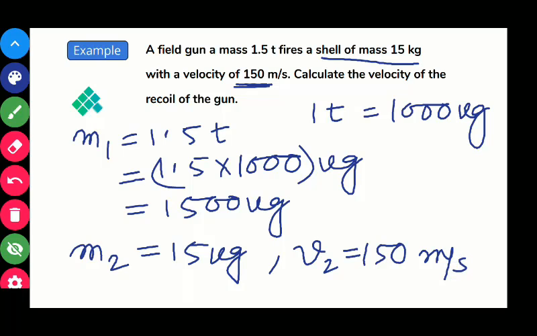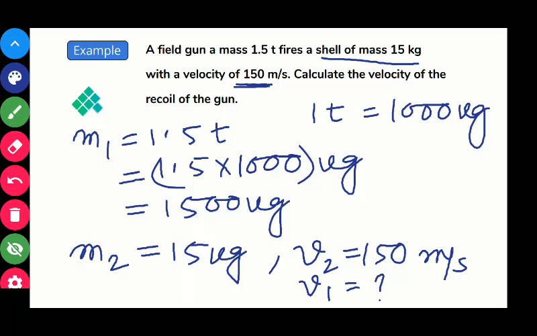That means you have to find out v1 here. v1 is the required term that you have to find out, the recoil velocity of the gun. Now I suggest to pause the video and write down all of these things, then we can proceed in solving the numerical.